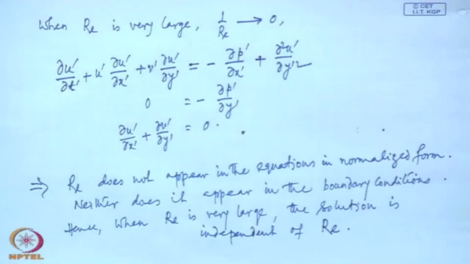Not so at low Reynolds number, but at very high Reynolds number, the solution does not contain any reference to Reynolds number, and even if the Reynolds number changes, the solution will remain the same.